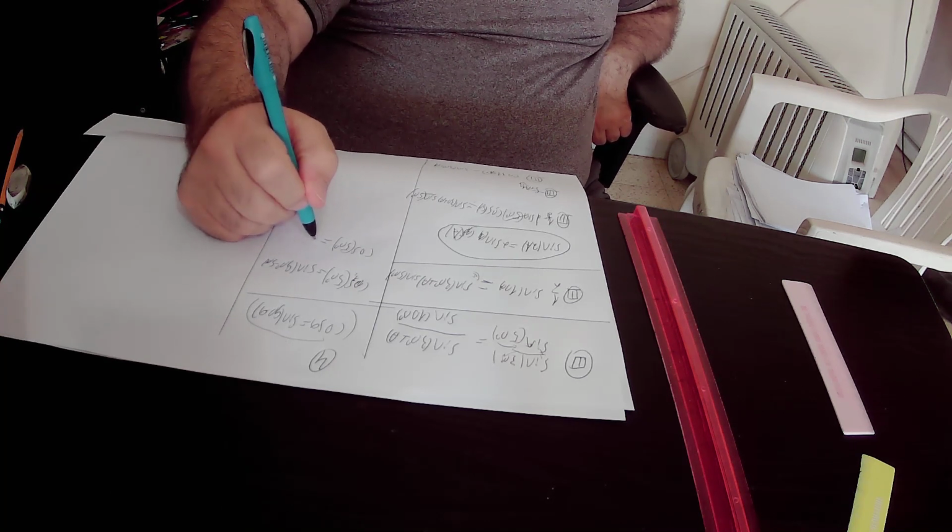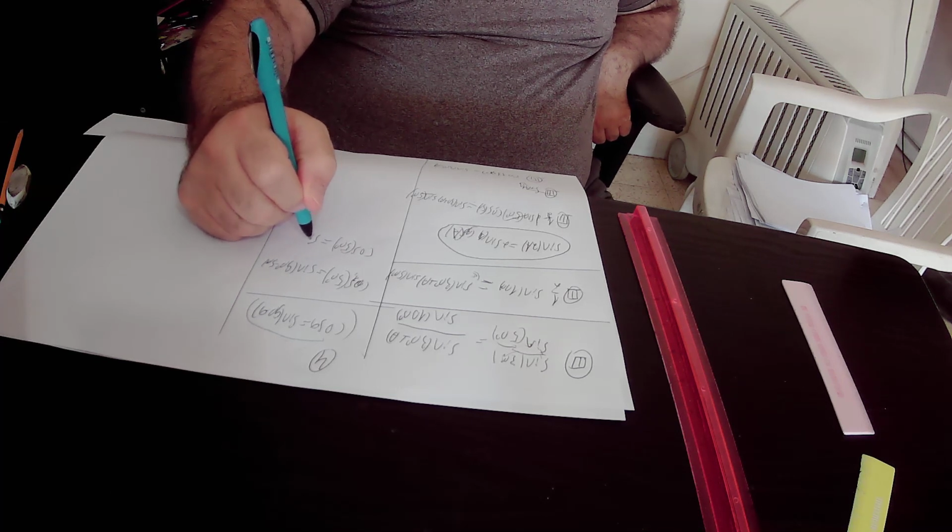So we found out that cosine 50 degrees equals sine 40 degrees.